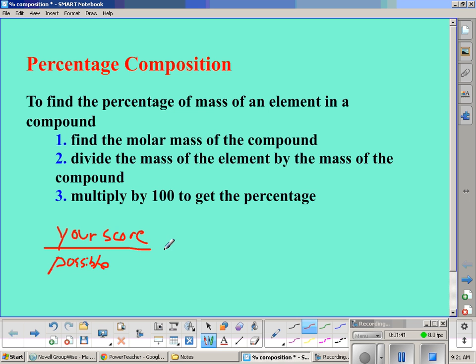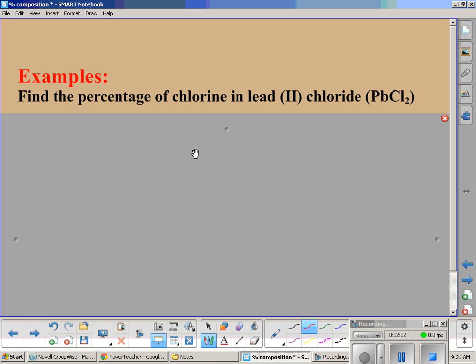And you do the division, and once you've got your answer, you multiply that by 100, and you have your percentage score. And this percentage composition with molar mass and elements, it's really the exact same process. So let's go to the next slide, and I'll give you an example of what we're talking about here.